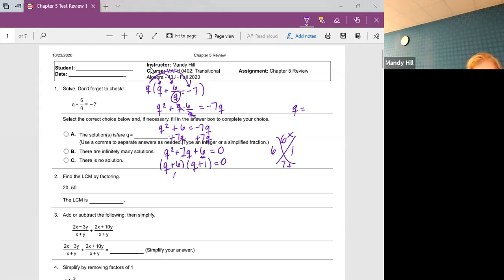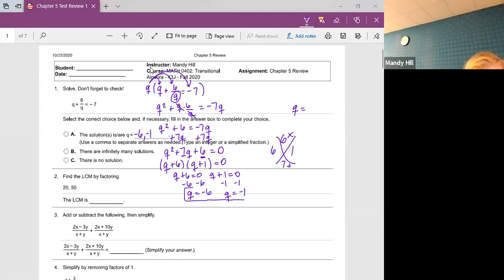So we would say, when is Q plus 6 equal to 0, and when is Q plus 1 equal to 0? When Q is -6, and when Q is -1. That would be the two answers, -6 and -1. So when we plug -6 back in for Q, it should work. When we plug -1 back in for Q up here at the top, it should work. So these are the two answers.